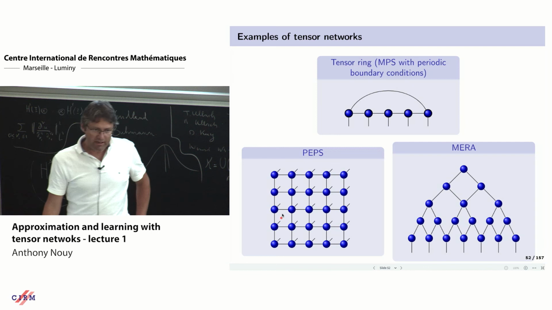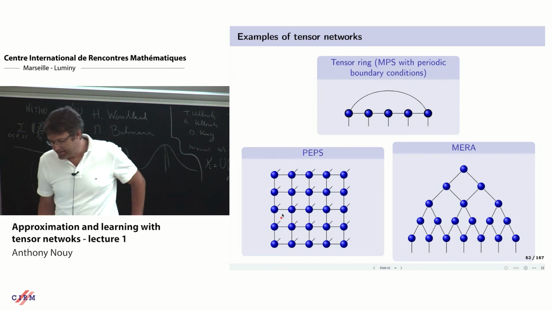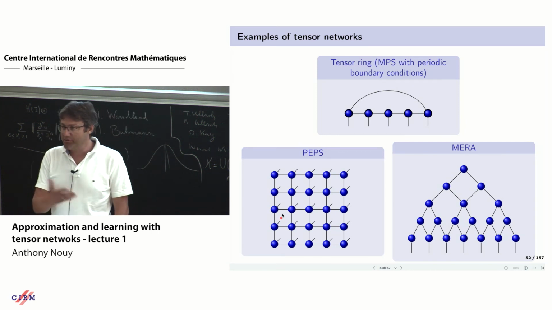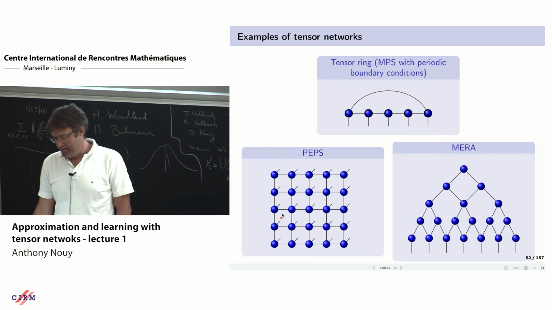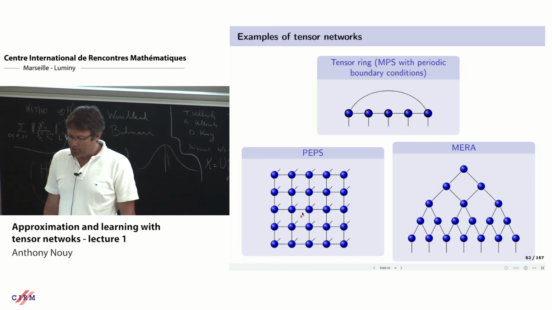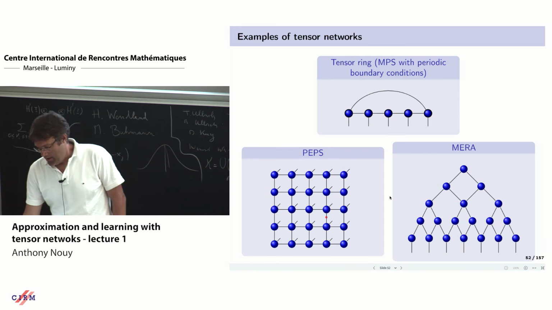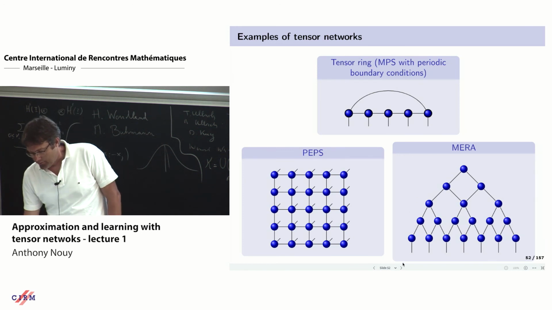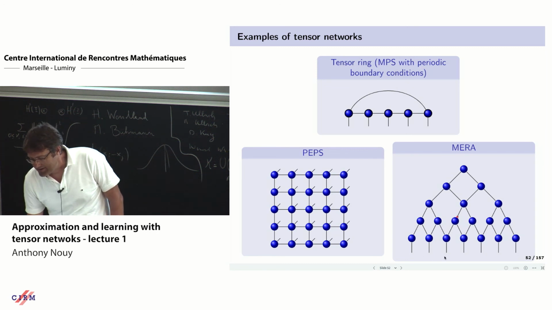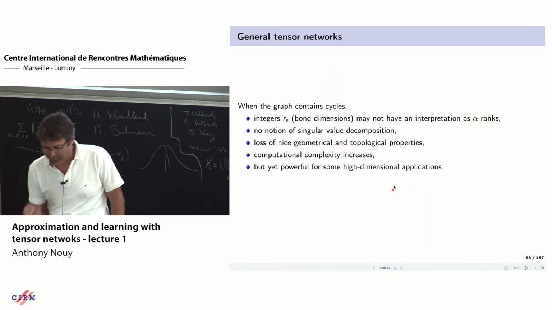Usually these tensor networks in physics are designed relative to the geometry of your system, typically related to the representation of a state associated with a lattice having this geometry. All these are not associated with a tree, it's clear, because you have cycles in all of these tensor networks. And what about the properties of these tensor networks?